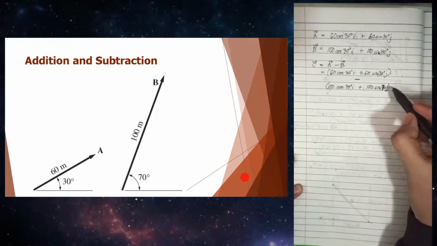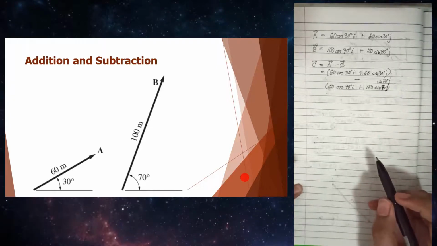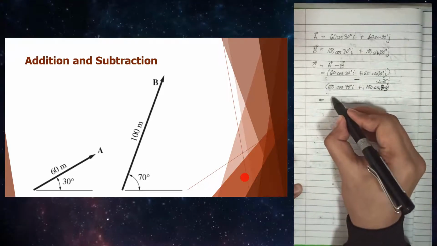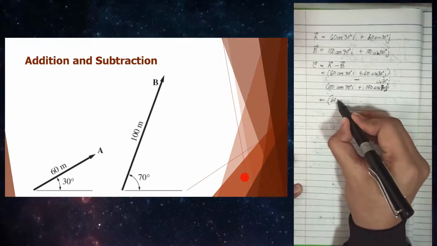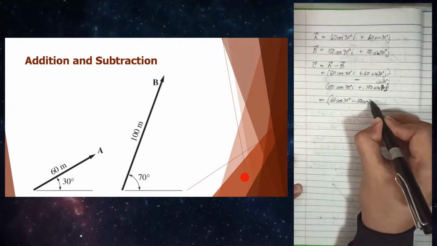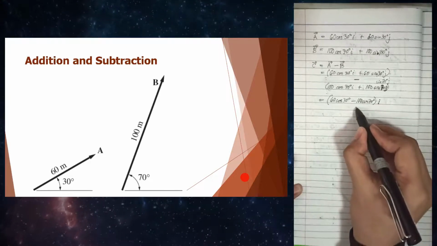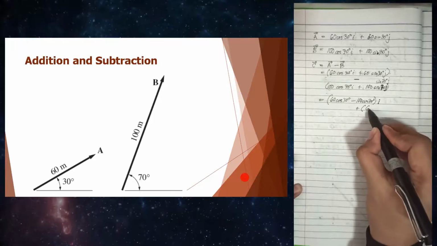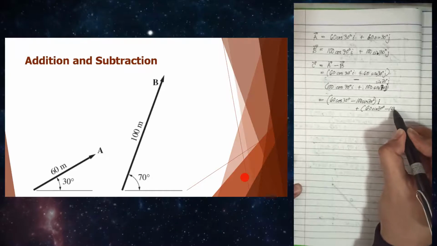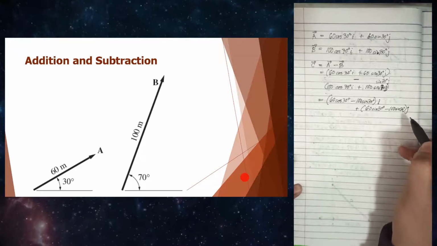Ngayon, dahil subtraction, i-apply natin yung algebra natin. Kapag pinagsama-sama natin, 60 cosine 30 degrees minus 100 cosine 70 degrees, ito yung direction I, plus 60 sine 30 degrees minus 100 sine 70 degrees J.